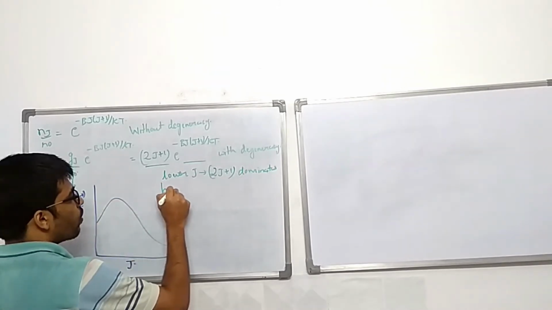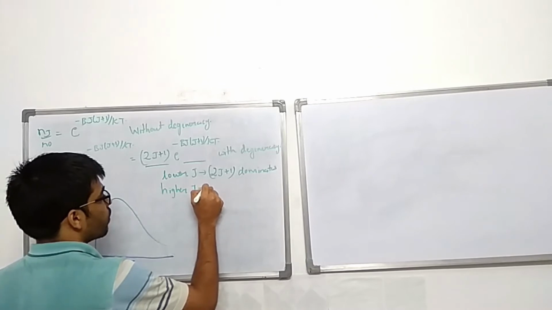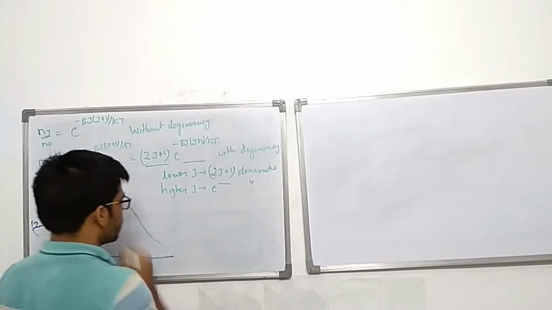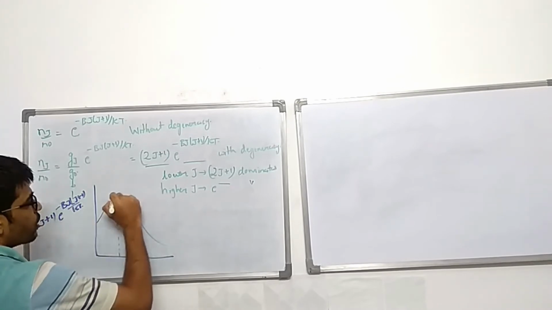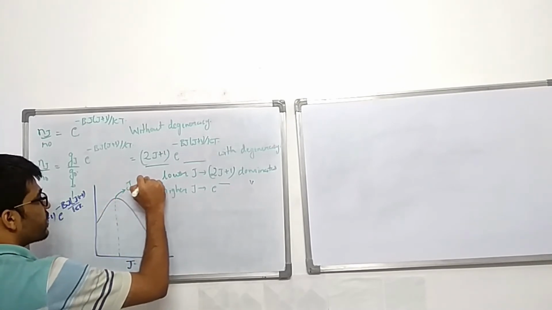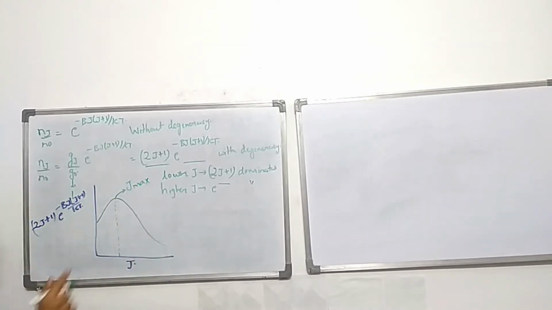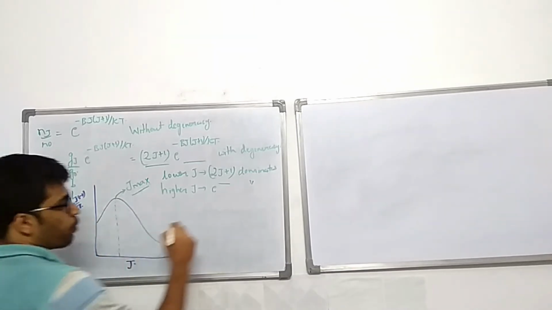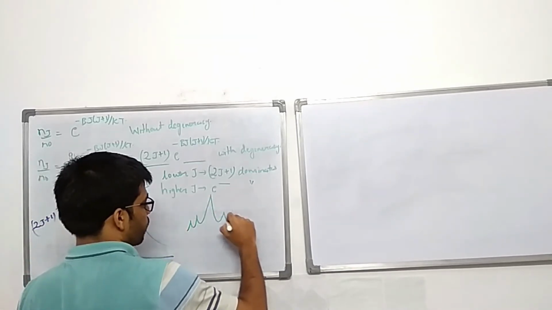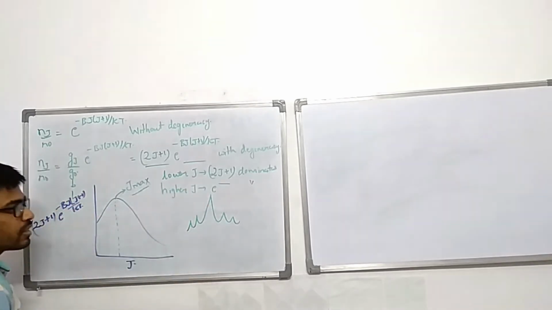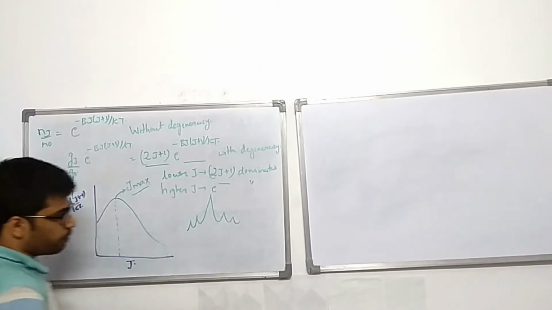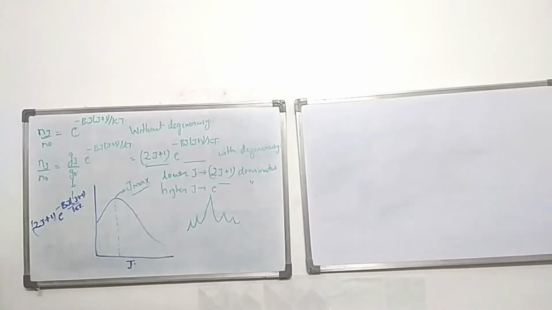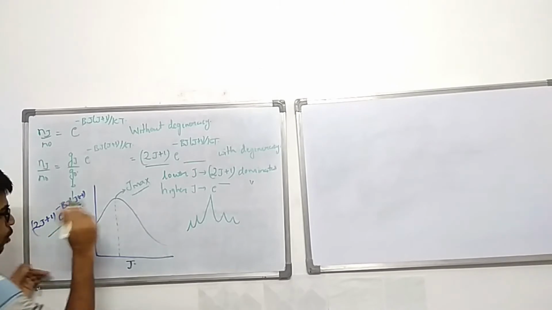For higher values of j, the exponential part dominates and you see a decreasing plot. And hence you find a peak which is your J max. That means that rotational energy level which has the maximum population. So it has a rotational energy level greater than 0 which has a maximum population at temperature T. Okay. So that is why degeneracy is important here.